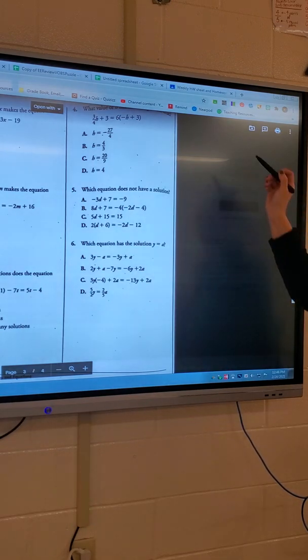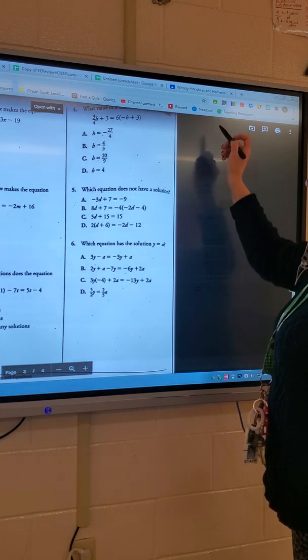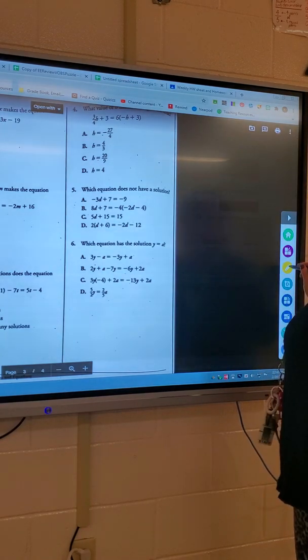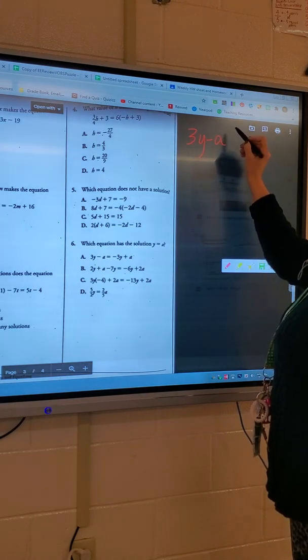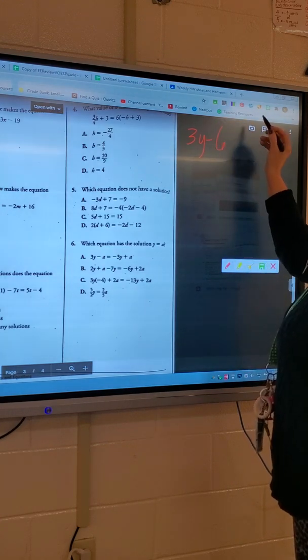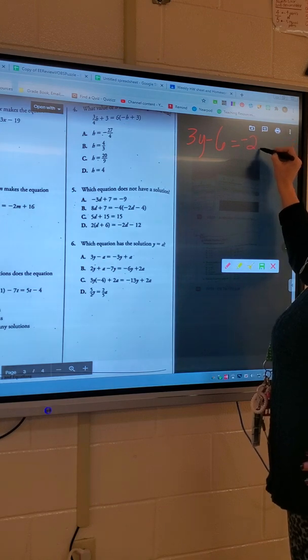Look, that's what we did right here. Look at answer choice A right there. 3y minus 6 equals negative 2y minus 6.